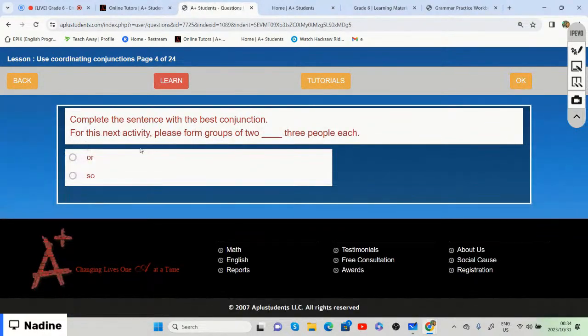And then for the next activity, please form groups of two. Do we say or three people each, or do we say so three people each? So for the next activity, please form groups of two, or three people each.